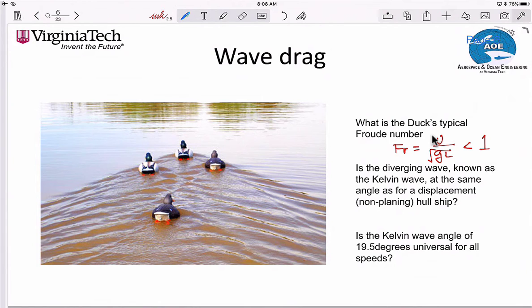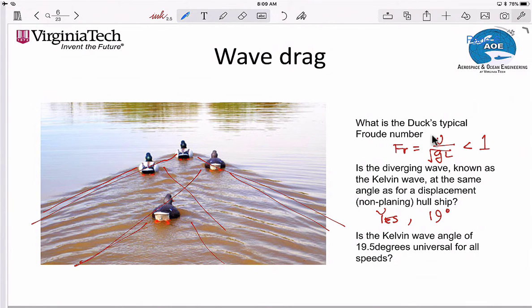Is the diverging wave, known as the Kelvin wave, at the same angle as for a displacement hull ship? The answer is yes. That's that 19 degrees. So this is the wave angle for each of the ducks, all mixed together because they're all merging together.